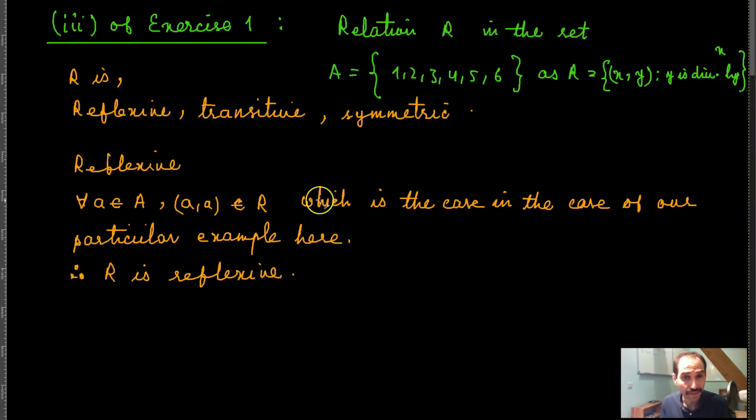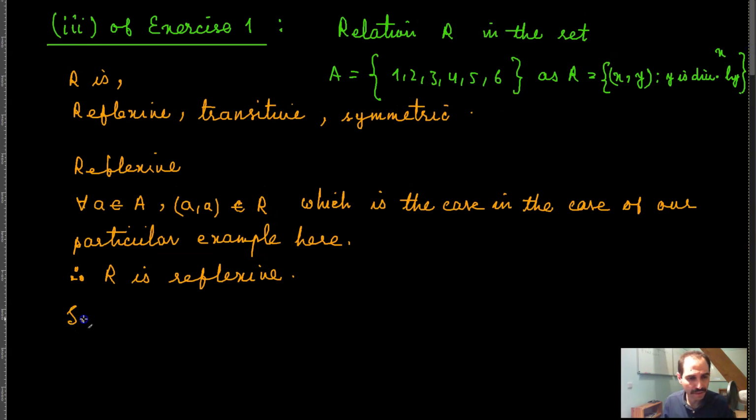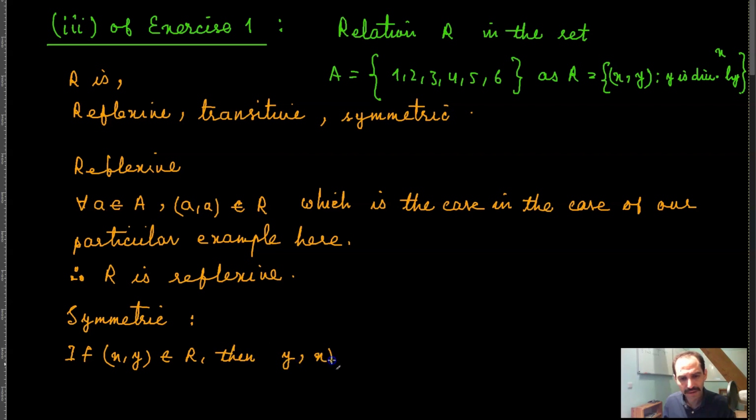So R is reflexive, and if you want to know if R is symmetric, we say that if x comma y belongs to the set R, then y comma x also has to belong to R, right?